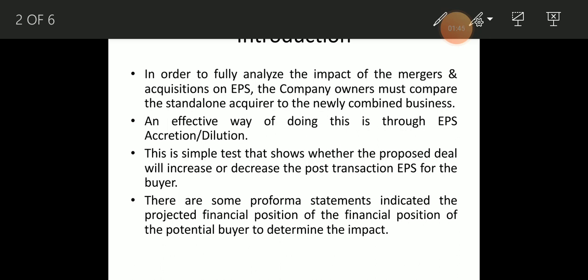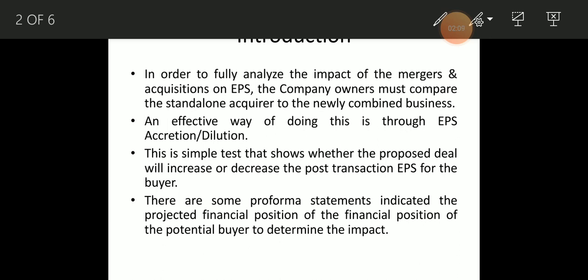There are some performance statements that indicate the projected financial position of the potential buyer to determine the impact. So we have to check whether the EPS increases or decreases, and that can be checked through performance statements or the financial position of the business.